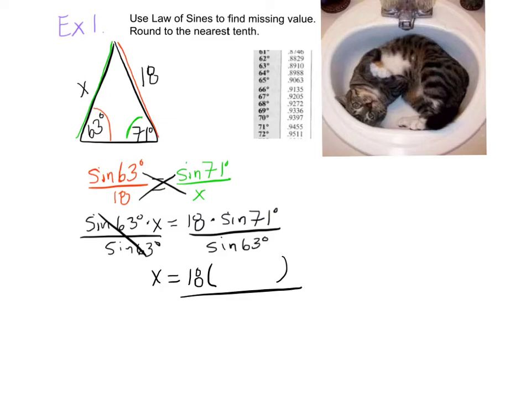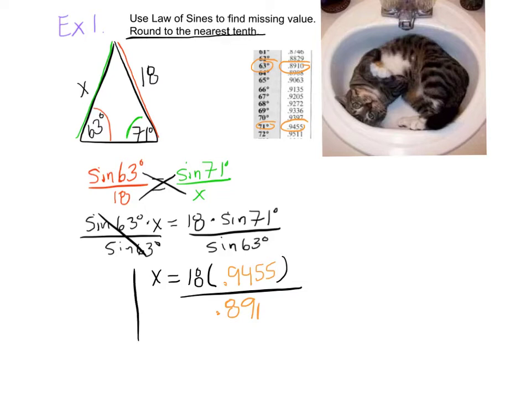So we need to find these values. The sine of 71 is 0.9455. And the sine of 63 degrees is 0.891. Now you're going to be really happy to hear that you do not need to take this any further. So I'm not going to make you round to the nearest tenth.